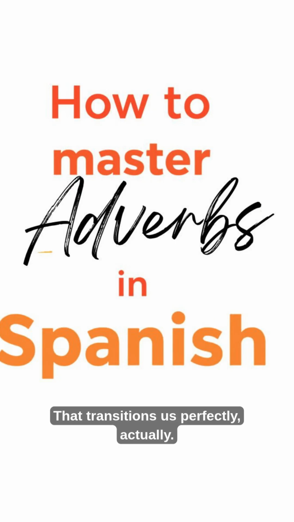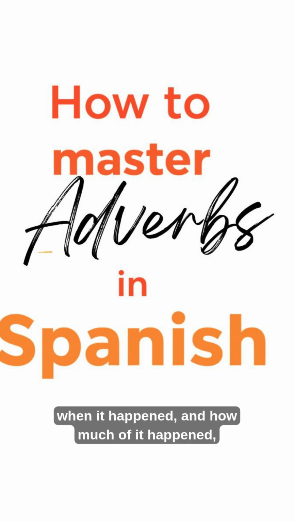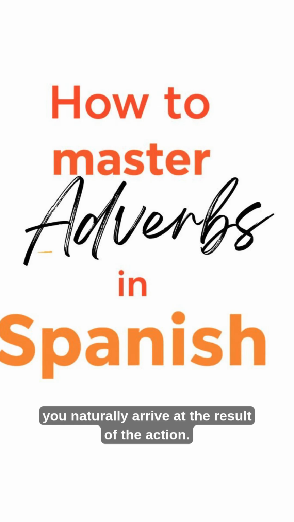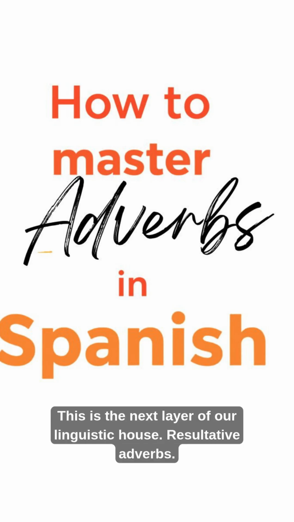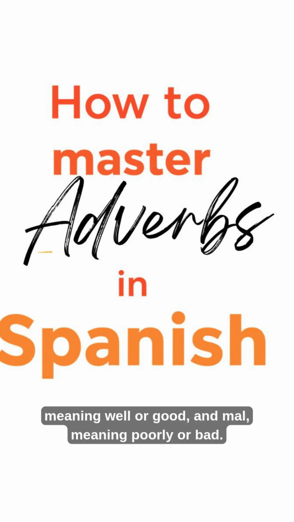That transitions us perfectly, actually, because once you set the circumstances, like we know where it happened, when it happened, and how much of it happened, you naturally arrive at the result of the action. This is the next layer of our linguistic house. Resultative adverbs. Right. The notes introduce resultativos, and the two core words provided are bien, meaning well or good, and mal, meaning poorly or bad.